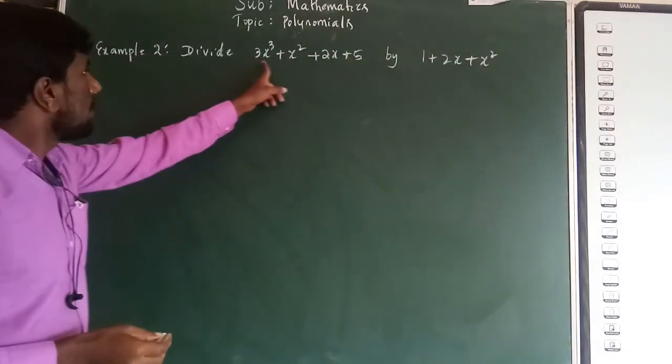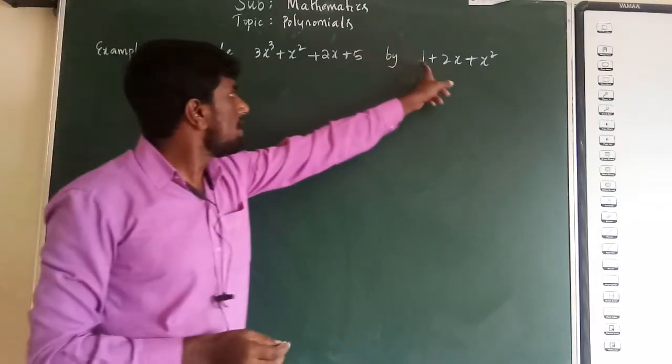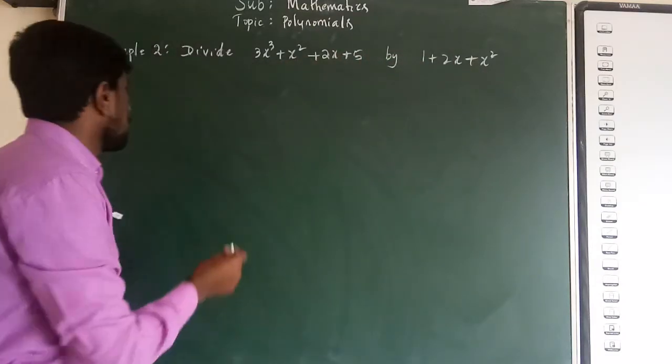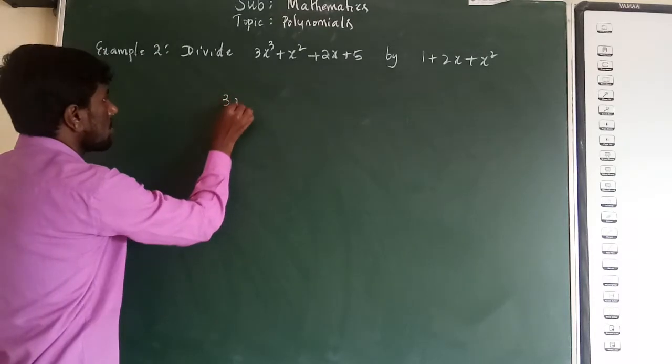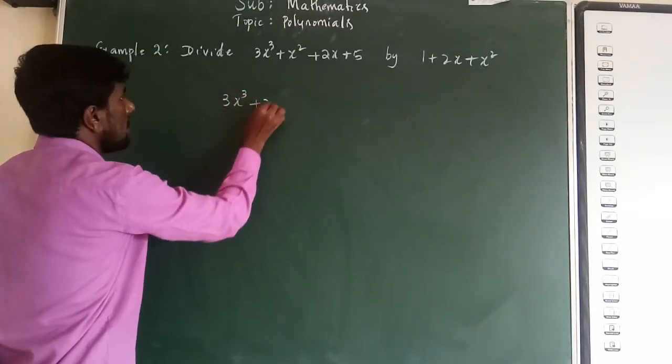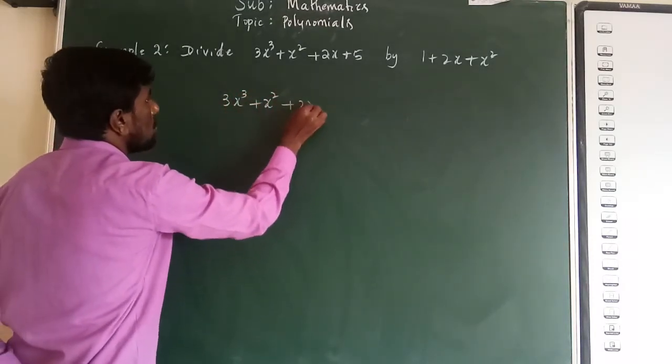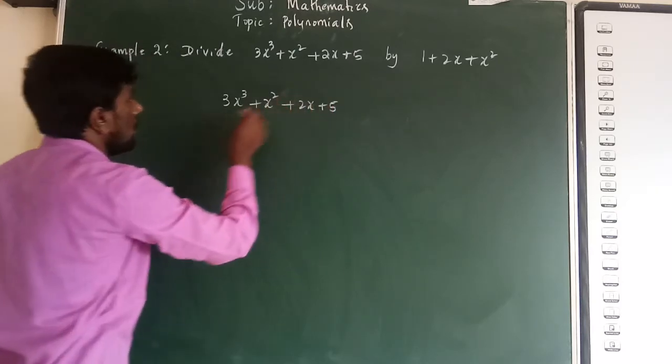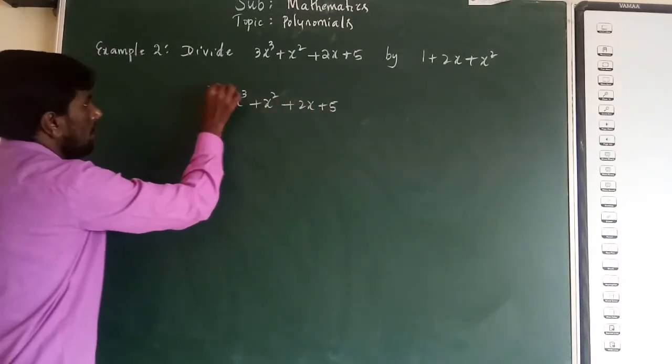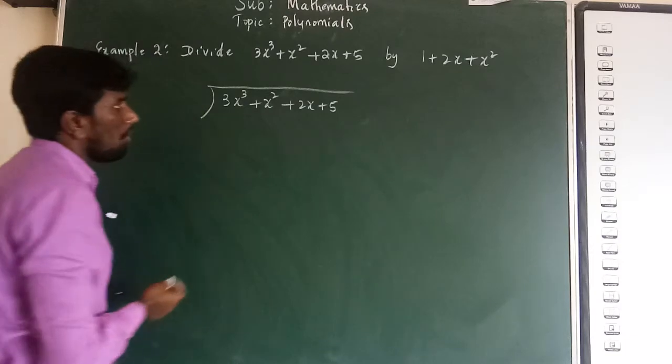So I need to divide this polynomial by this polynomial. Let us write 3x cubic plus x square plus 2x plus 5. This is the polynomial I need to divide by which polynomial?